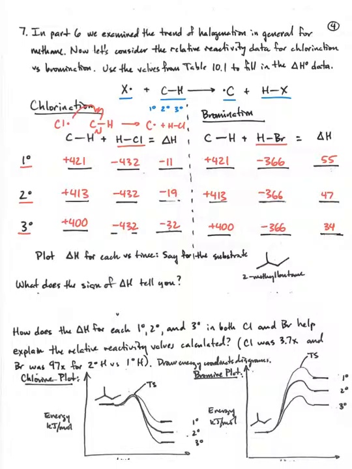What we want to pay attention to in this column, these values are all positive. So this is energy that has to be put into the system to break those bonds. So when the bromine halogen radical and the substrate react, that radical is going to go after a tertiary hydrogen because it's the easiest bond to break.